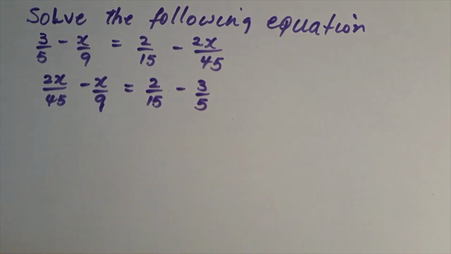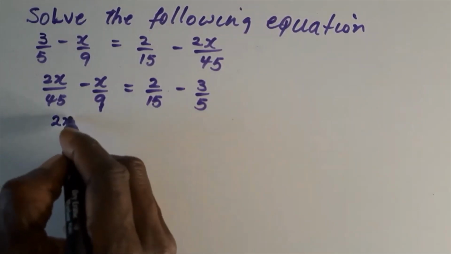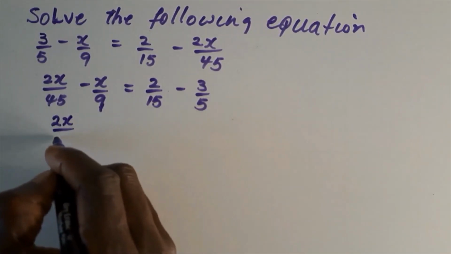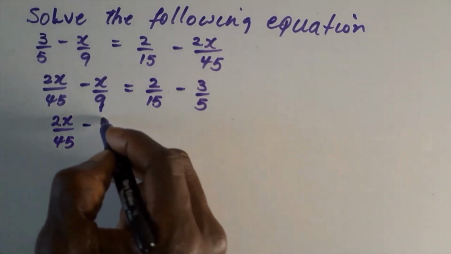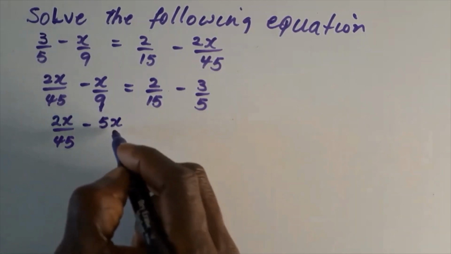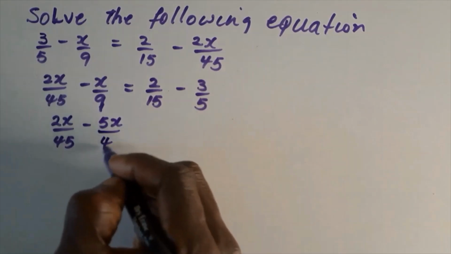Now we want to ensure that we have equivalent fractions to make it a lot easier to manipulate. So we'll keep this as it is with a denominator of 45, and we'll have this change into a denominator of 45, which is 5 times the numerator and 5 times the denominator.